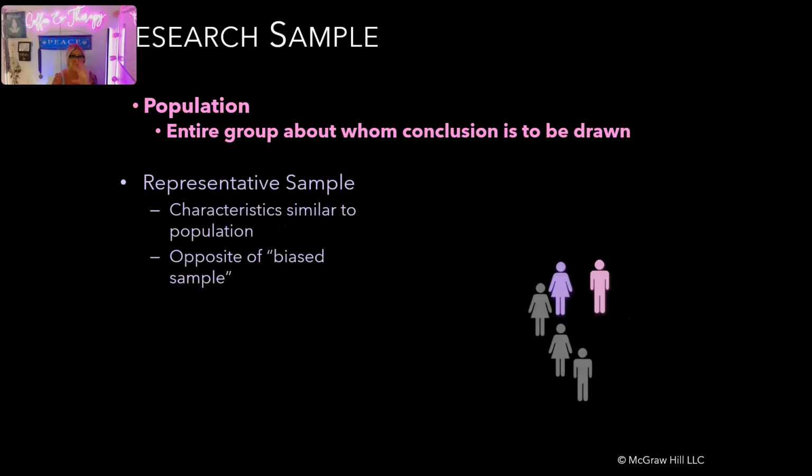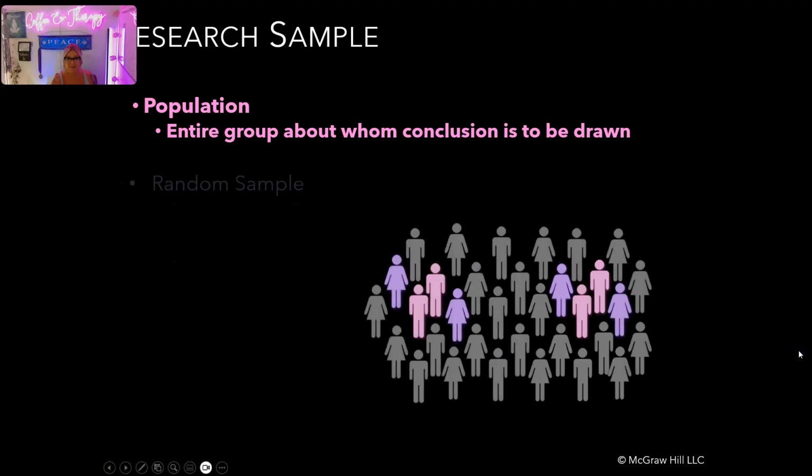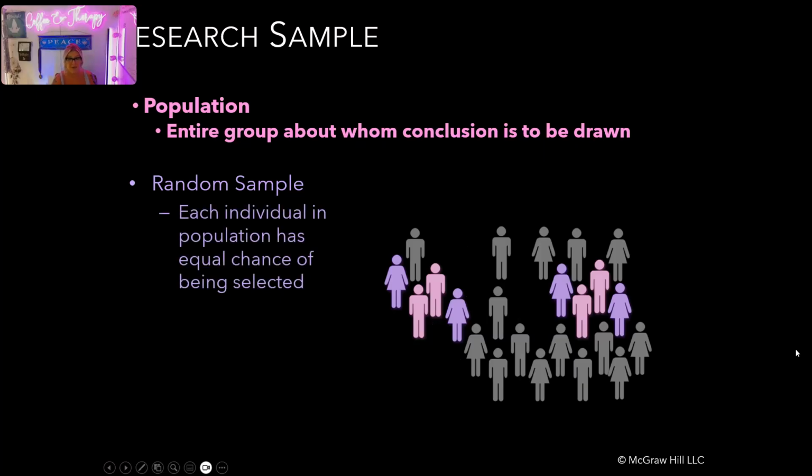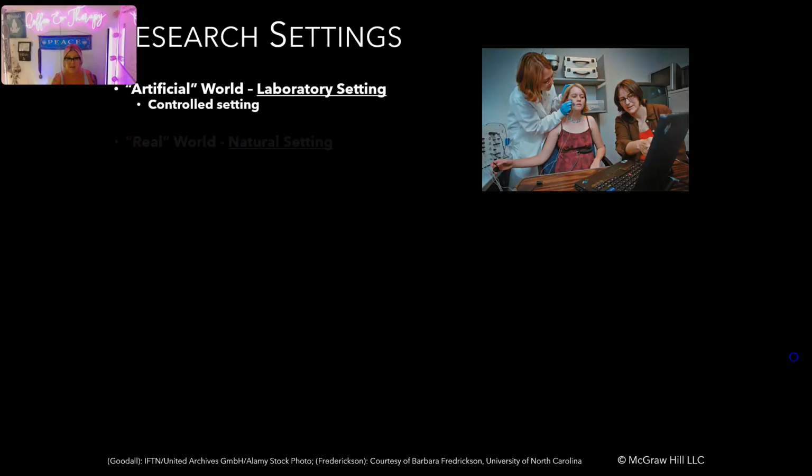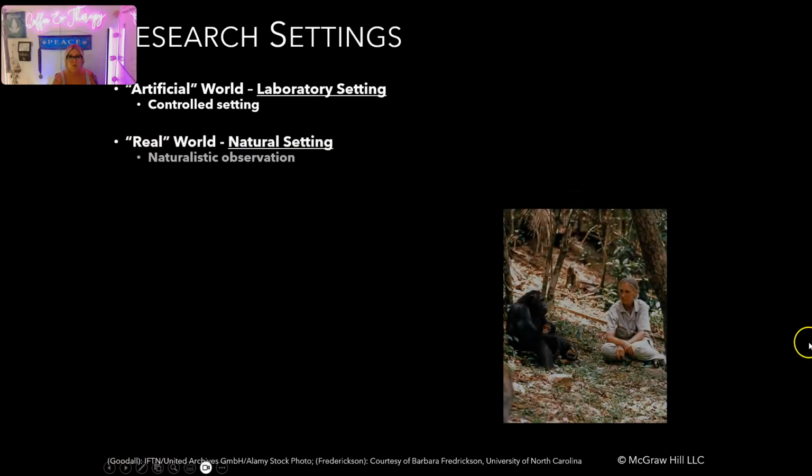Okay, representative sample, characteristics similar to the population, opposite of biased sample. All right, random sample, that's each individual in the population has an equal chance of being selected. So it's not going to be maybe just men or just women or equal men, equal women. It's going to just be random. Anyone has a shot.